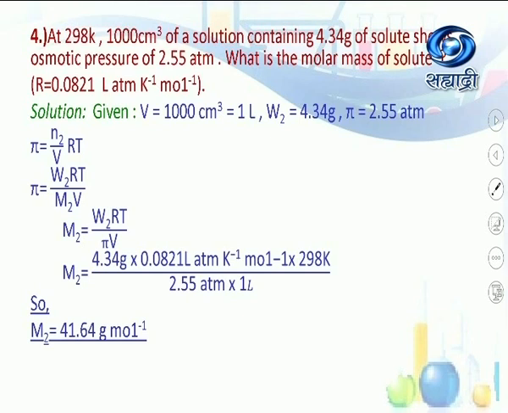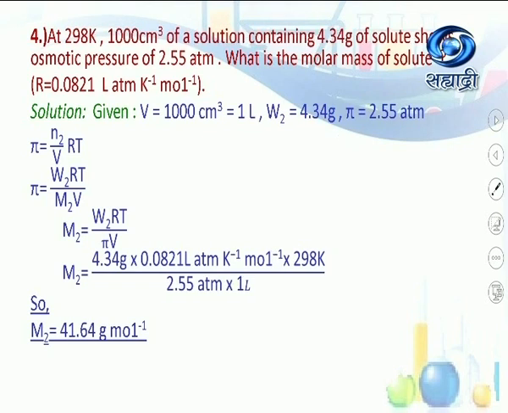Pi is equal to N2 RT upon V, which is same as W2 RT upon M2V. What is asked? Molar mass of a solute. So let us write the formula in terms of the molar mass of a solute. So M2 is equal to W2 RT upon pi V. W2 is how much? 4.34 gram.